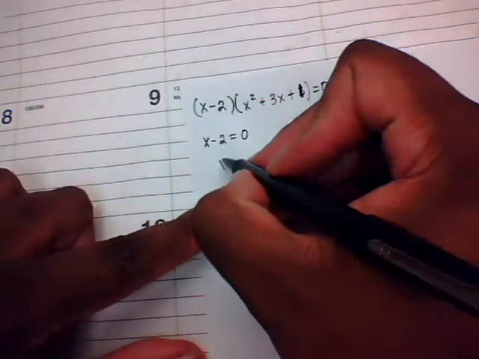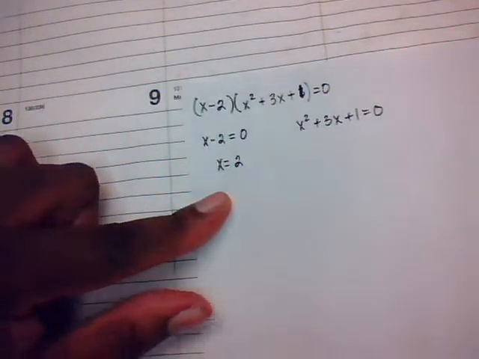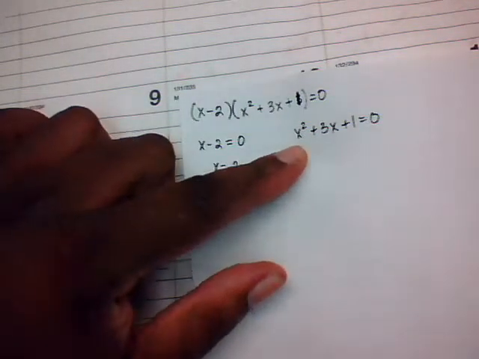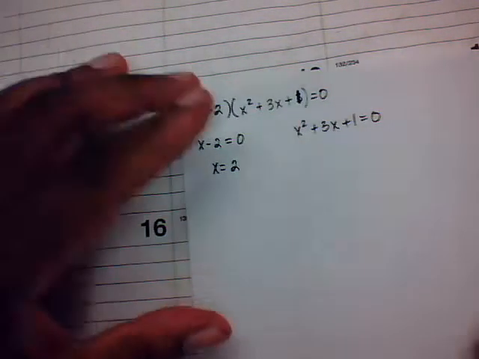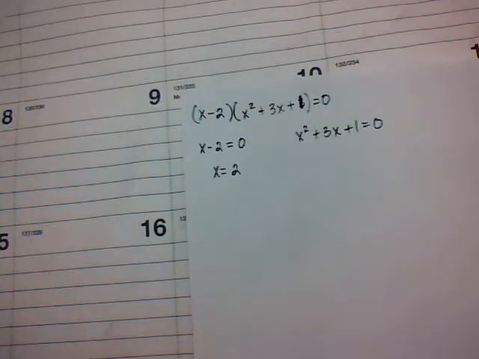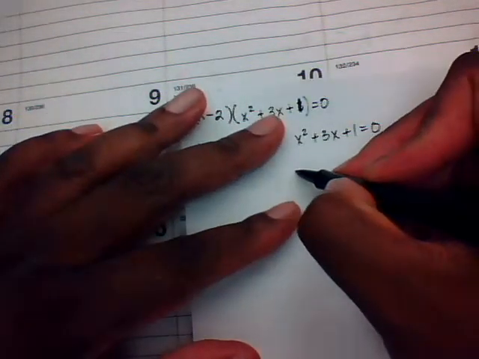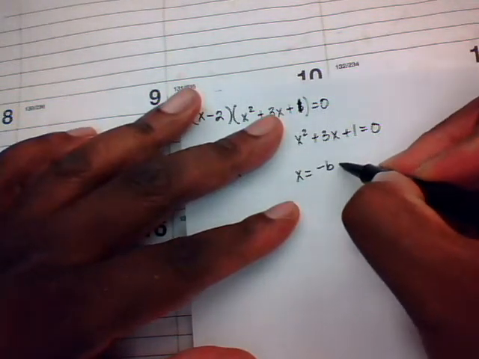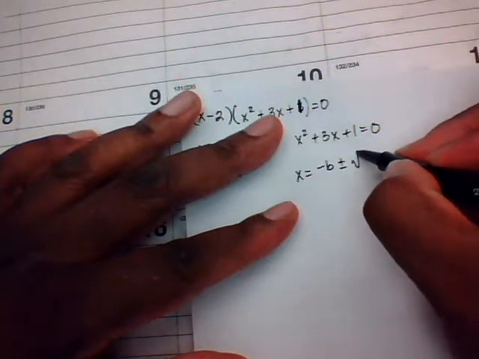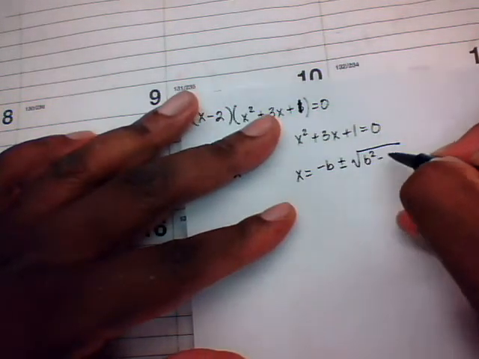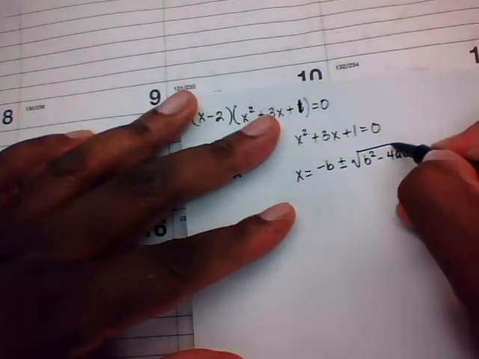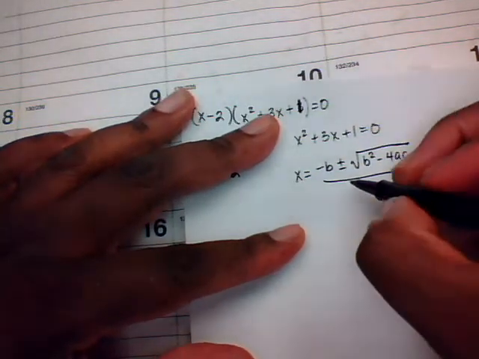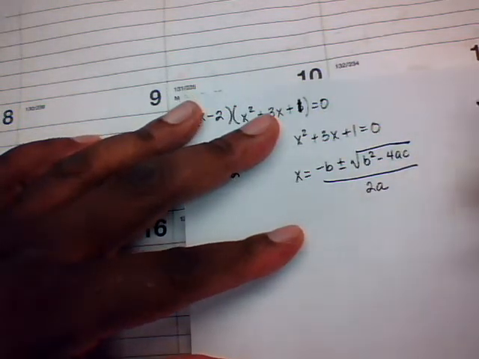Well, for x minus 2 equal to 0, we know x is equal to 2. But this one, we're not going to be able to factor, as I mentioned earlier, so we have to use the quadratic formula. If you recall, it's this formula: x is equal to negative b plus or minus the square root of b squared minus 4ac, all divided by 2 times a.